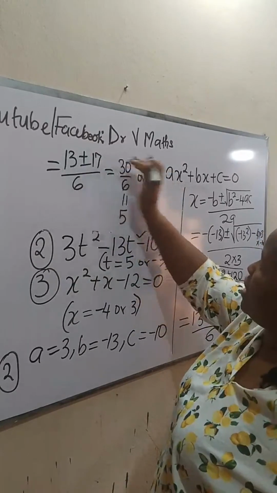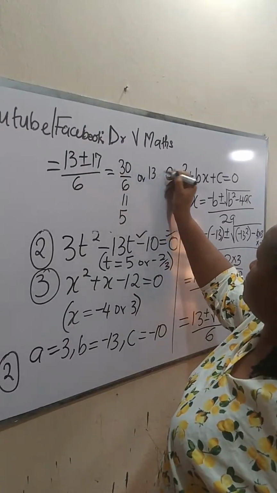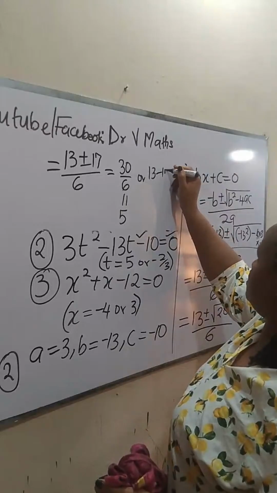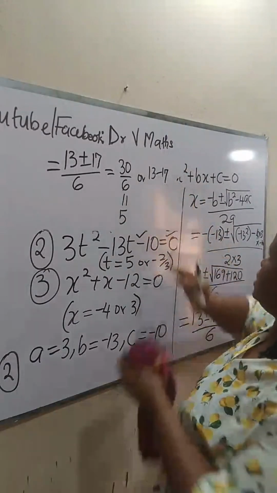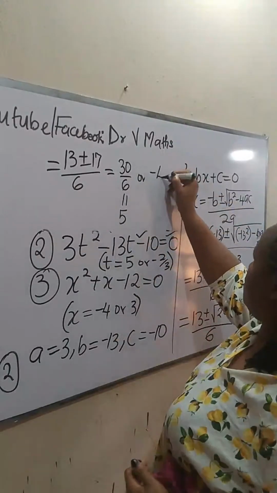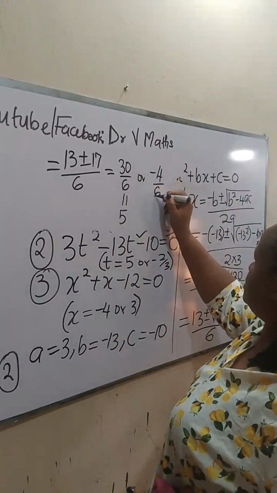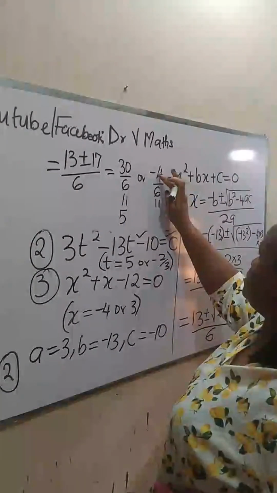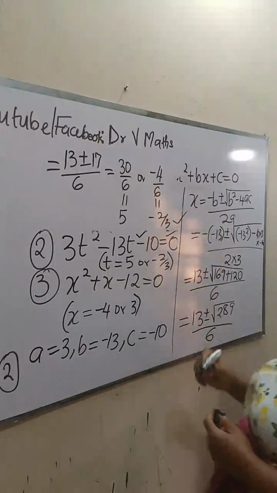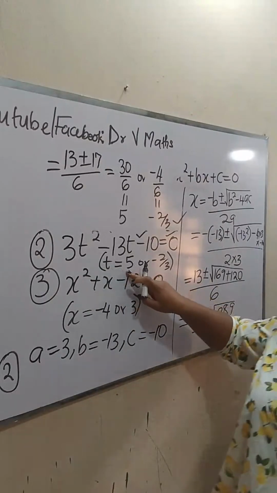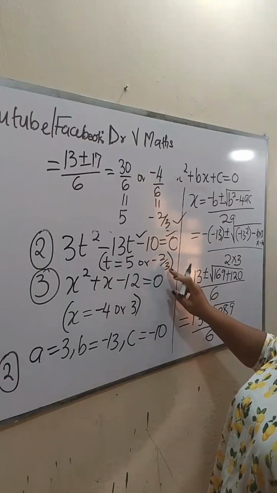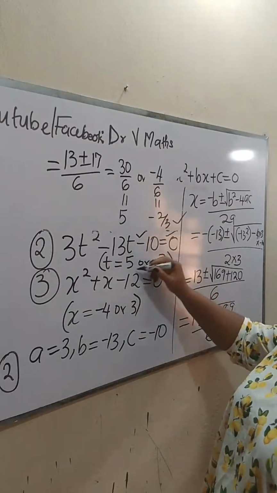Or 13 minus 17, which is minus 4, all over 6. So this will give us minus 2 over 3. You see? So the answer here, t is 5, or t is minus 2 over 3. So this one is correct.